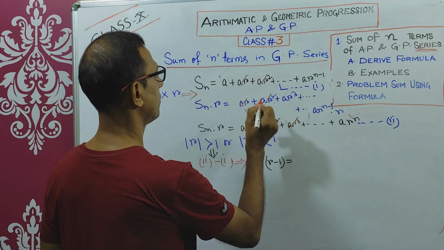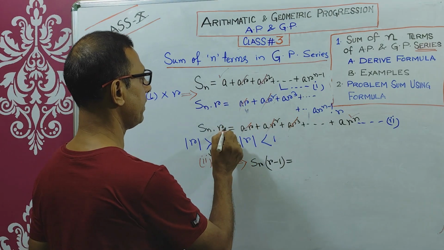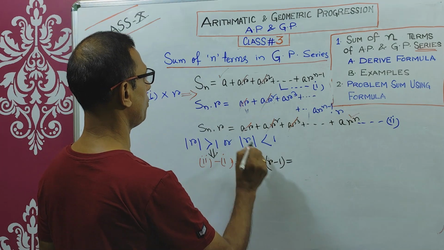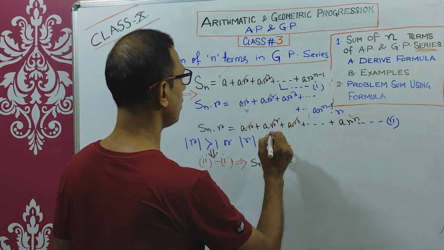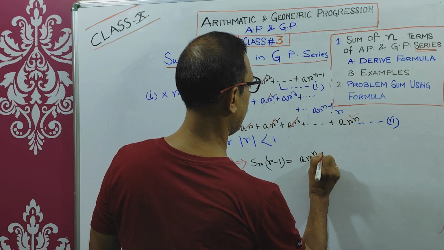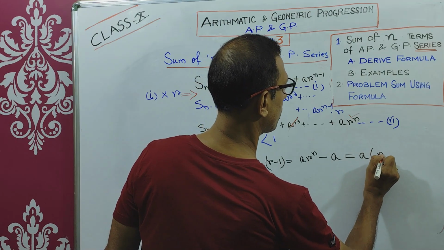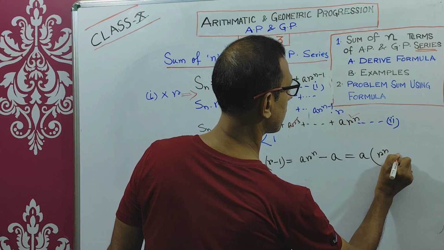These two will remain, right? So Sn into R minus 1, I am taking common, and then A R to the power n minus A, that equals A into R to the power n minus 1.